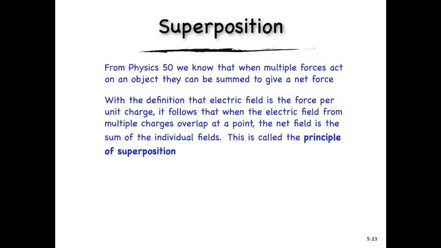Okay, so we use the principle of superposition, which is to say if we can calculate the force on a test charge from one object, and we can calculate the force on it from a different object, the total force is just going to be the sum of those vectors. So you're used to using the principle of superposition whenever you drew free body diagrams in Physics 50.